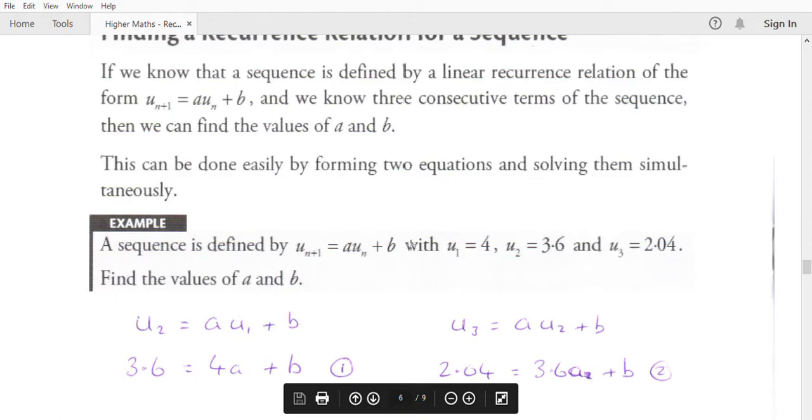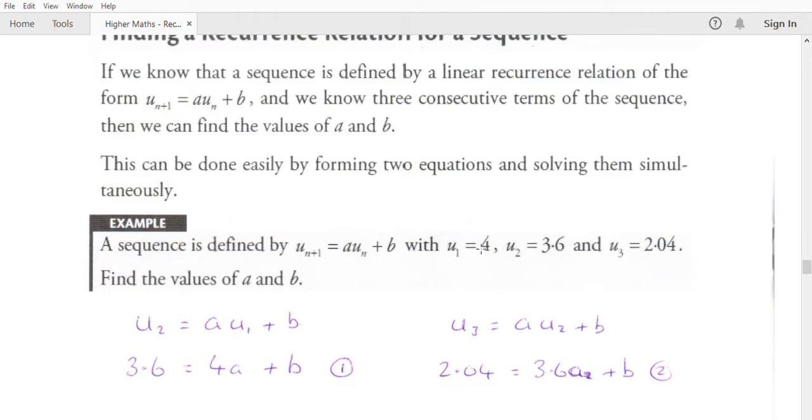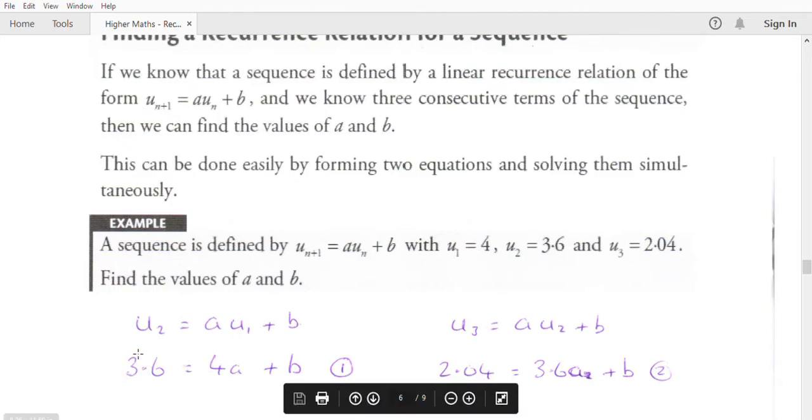So substituting in, we know u2 is equal to 3.6, we know u1 equals 4, so 3.6 equals 4a plus b. We also know that u3 and u2 are linked together, u3 equals a u2 plus b, so just substituting the values for u3 and u2, we get our second equation here.